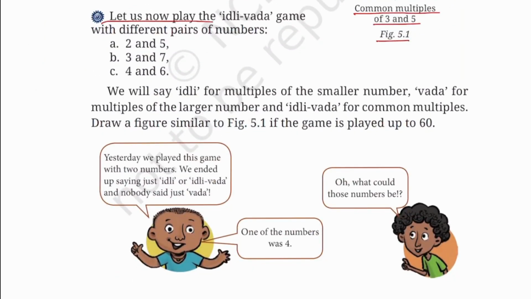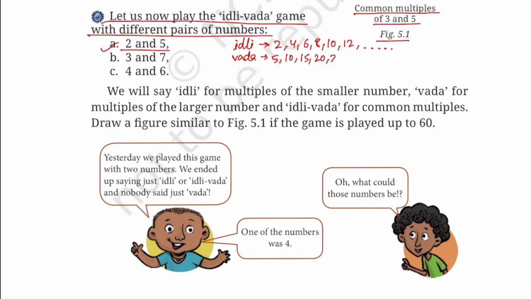Let us now play the idli vada game with different pairs of numbers. A, 2 and 5. That is, idli will be said when it will be 2, 4, 6, 8, 10, 12 and so on. Vada will be said when there is 5, 10, 15, 20, 25 and so on.